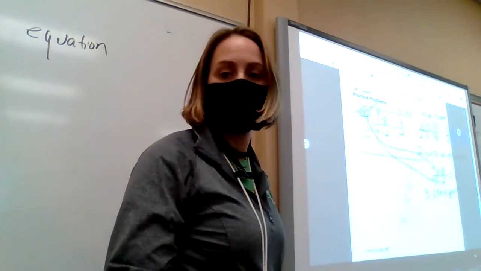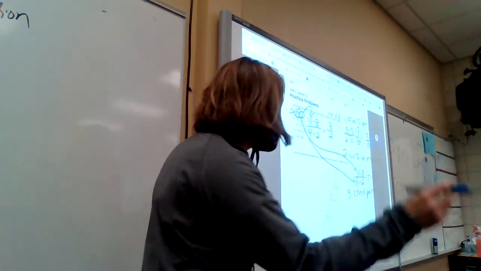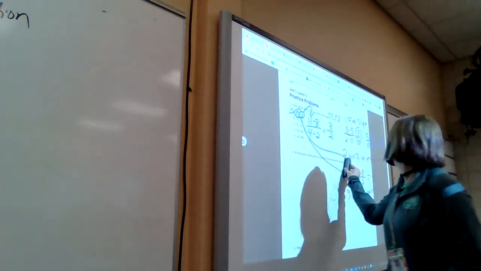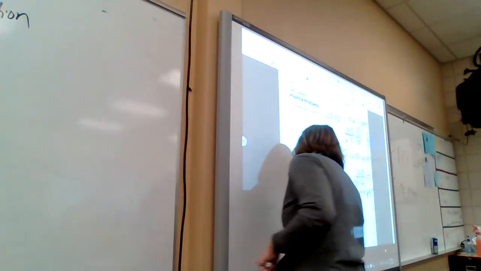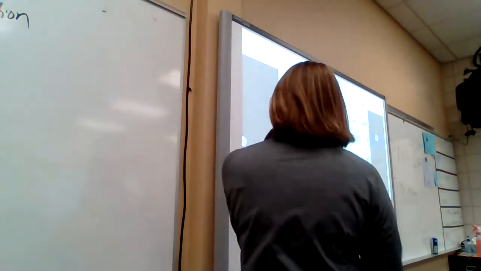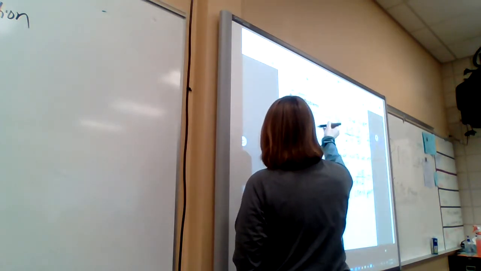Wait, but what if it's flipped? Let's look at the second one. Number 1, A is true. It has the same slope. What about B? B is 5 comma 10.